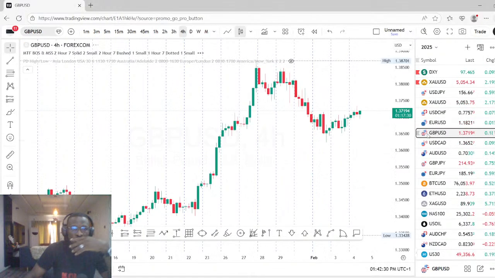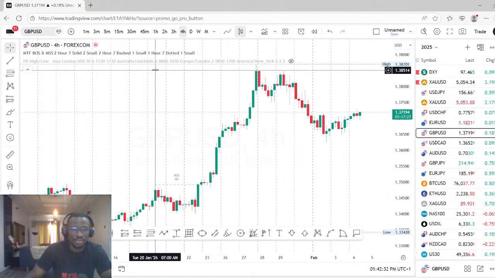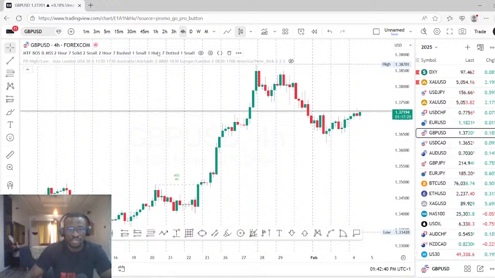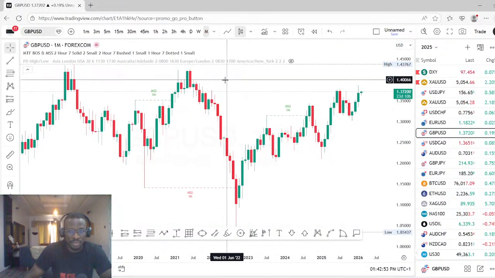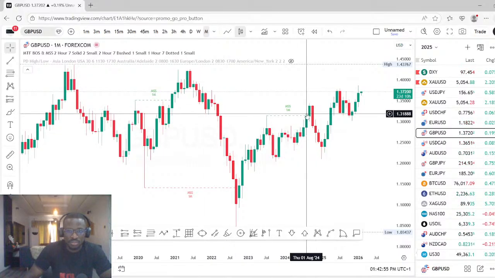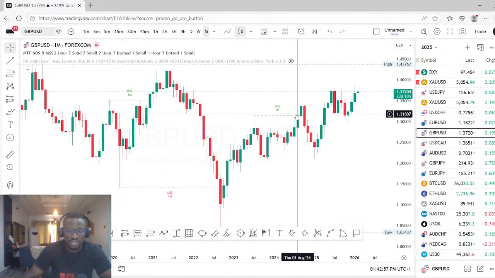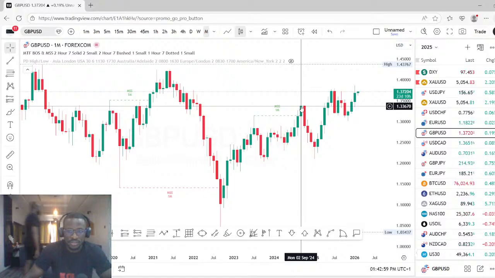Okay. So normally whenever I want to do a top-down analysis on most of these currency pairs, I try to start from the monthly perspective. So we are just going to be starting from the monthly perspective on GBP USD. You all can agree with me that the market has been trending to the upside, right?